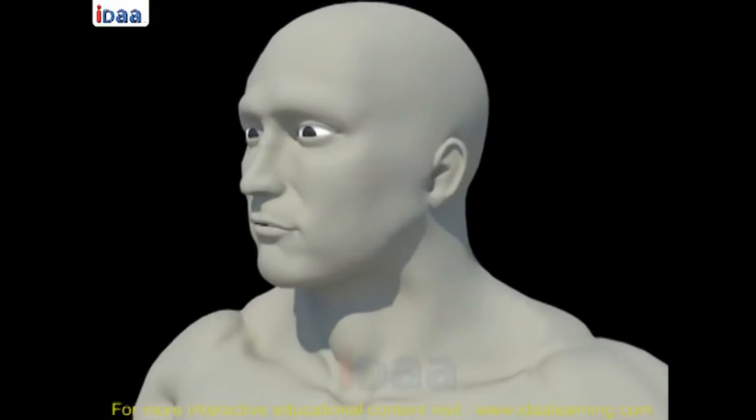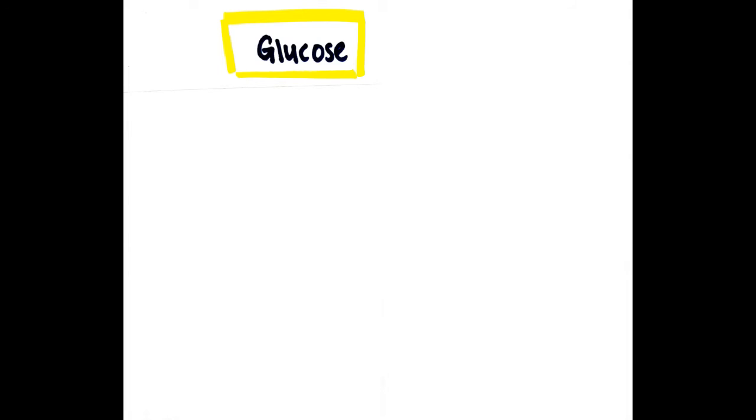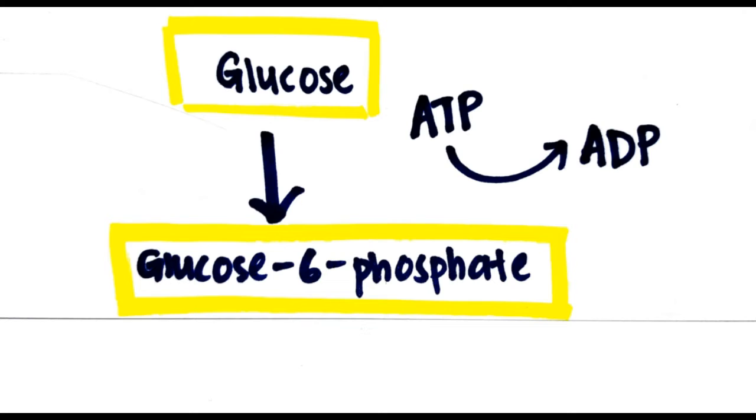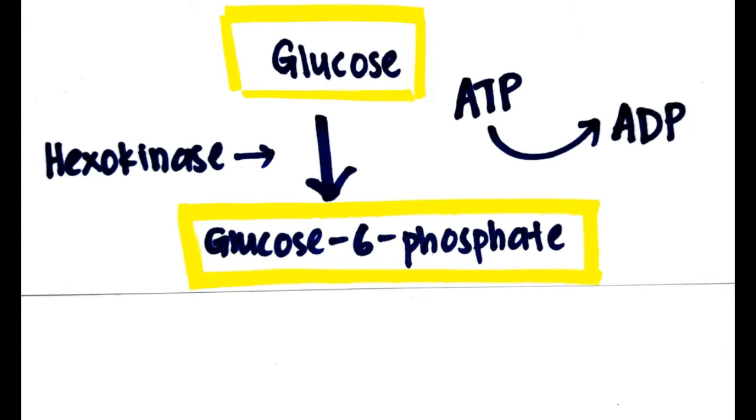When a person eats foods that contain carbohydrate, glucose will enter the cell and receives a phosphate group from ATP. The enzyme hexokinase is responsible for transferring the phosphate group from ATP to glucose.